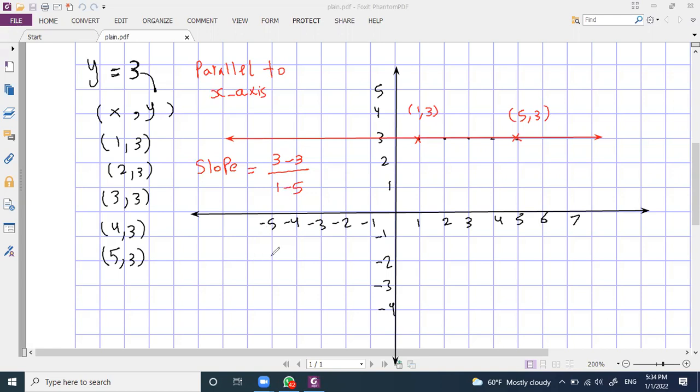So 3 minus 3 is going to be 0 over minus 4. So at the end, what is the slope of this line? 0. Any straight line parallel to the x-axis, its slope equals what? 0. The slope of the line parallel to the x-axis equals 0.